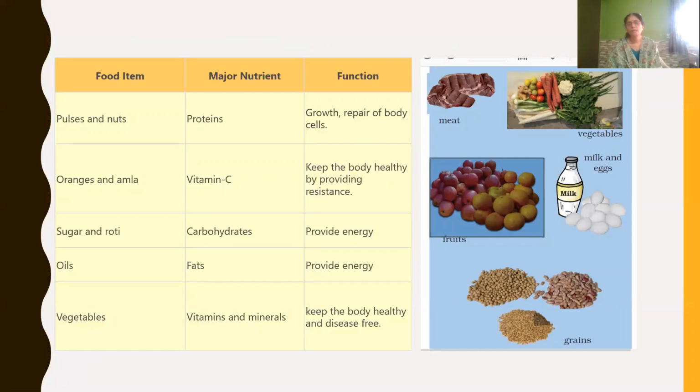Orange and amla are rich in vitamin C; they keep the body healthy by providing resistance. Sugar and roti, that is cereals, are rich in carbohydrate and provide energy. Oils include fats, which provide us energy. Vegetables have vitamins and minerals which keep our body healthy and disease free, so they are called protective food.